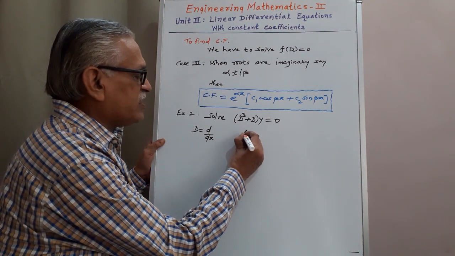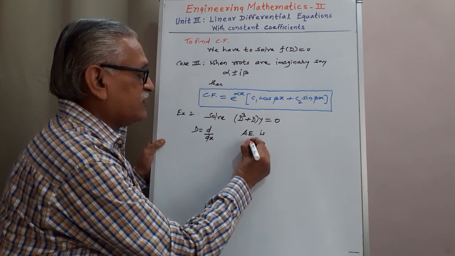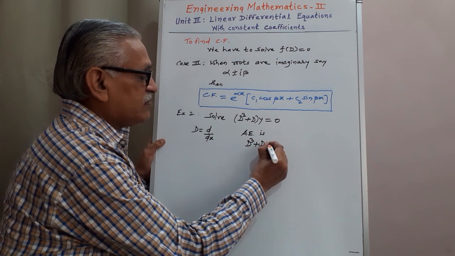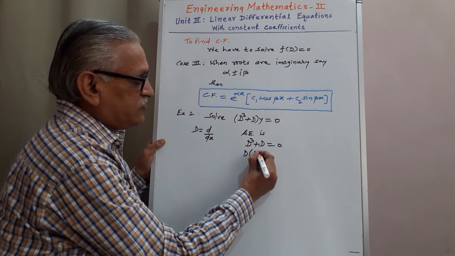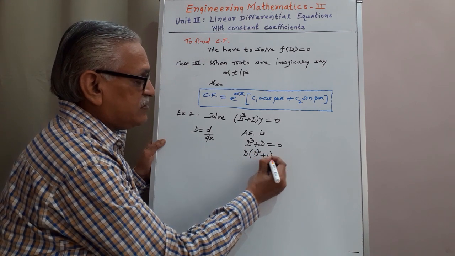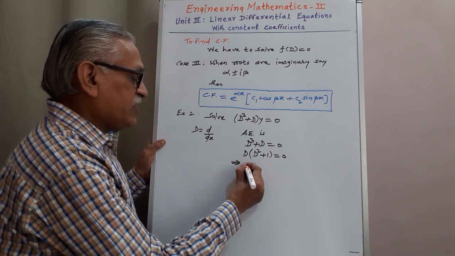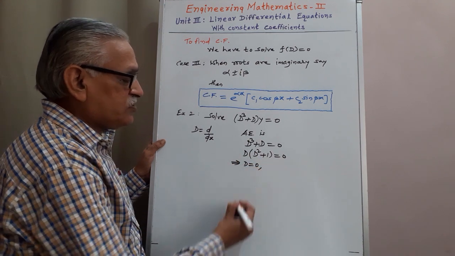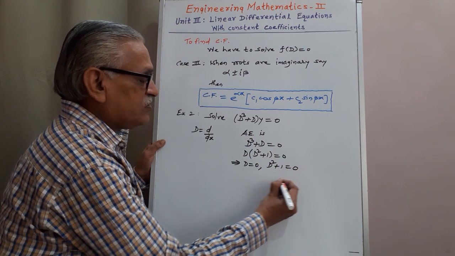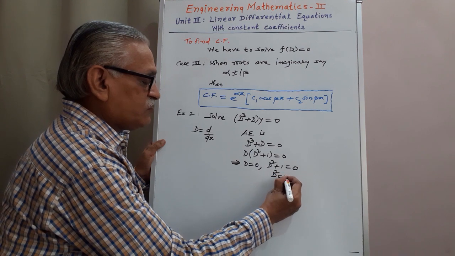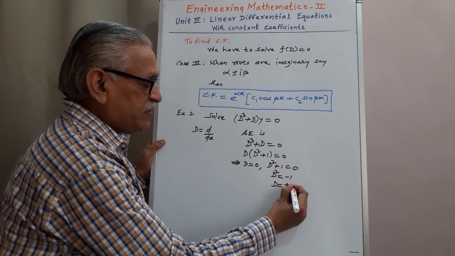Therefore, the auxiliary equation is D cube plus D equals to 0. Taking D common from these two, we get D into (D square plus 1) equals to 0. Equating each to 0, we get D is equal to 0, the first root, and the second factor D square plus 1 equals to 0. It implies D square is equal to minus 1. Taking square root on both sides, we get plus minus i.